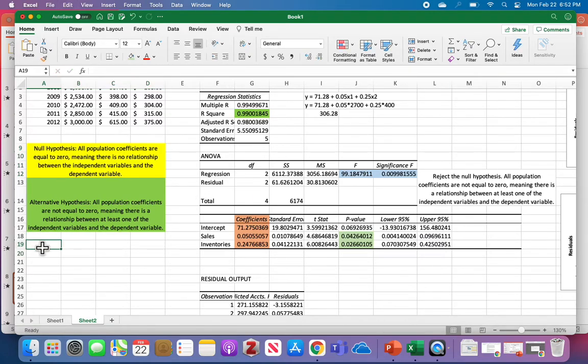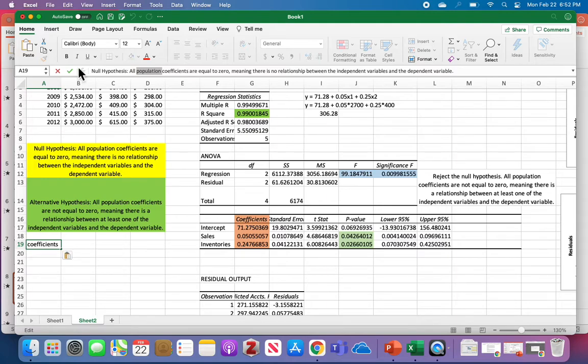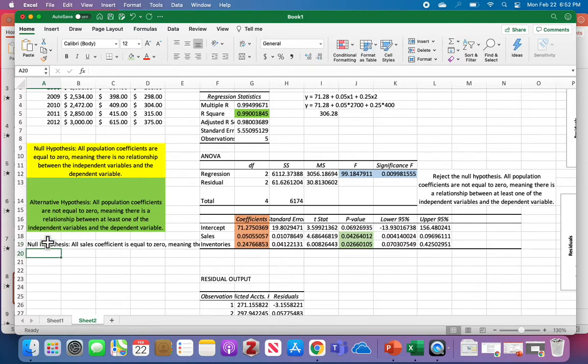So let's put our next null hypothesis here: the sales coefficient is equal to 0, meaning there is no relationship between sales and accounts receivable. So that's my null hypothesis.